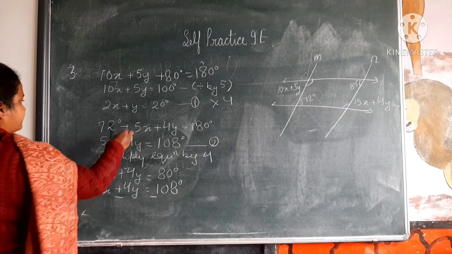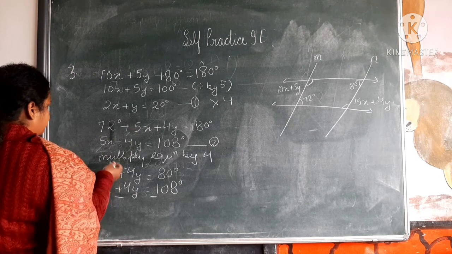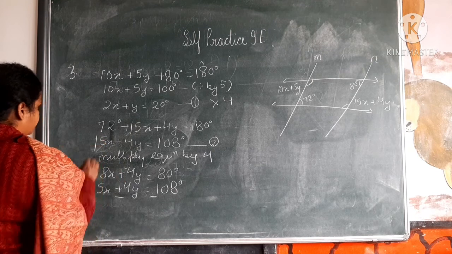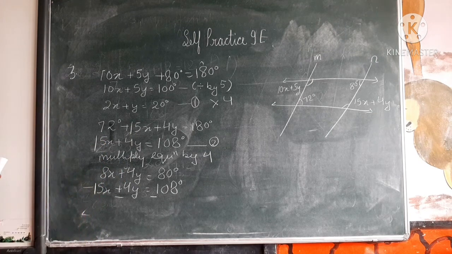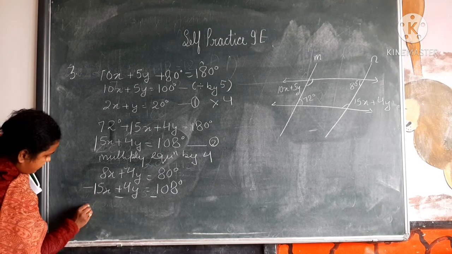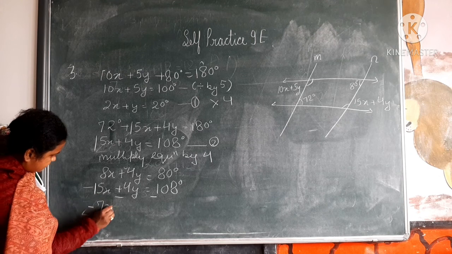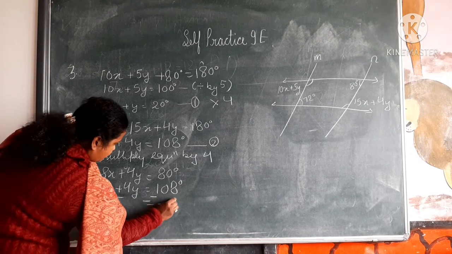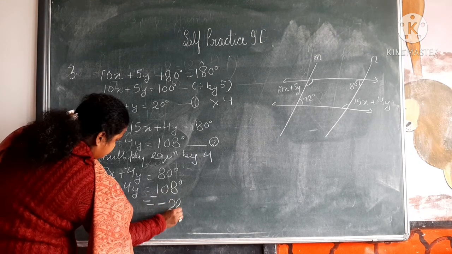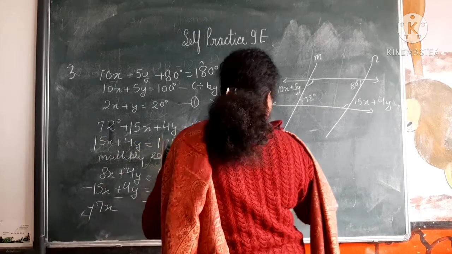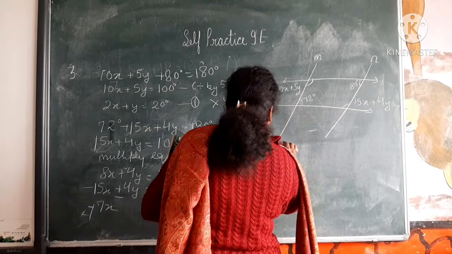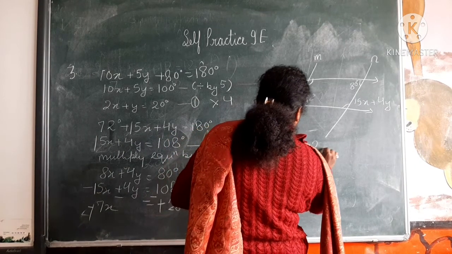Sorry, this is 5x, not 15x, sorry. Okay. So you will have here minus 7x is equal to minus 28. So minus minus will be cancelled out, and you will have 7x is equal to 28.